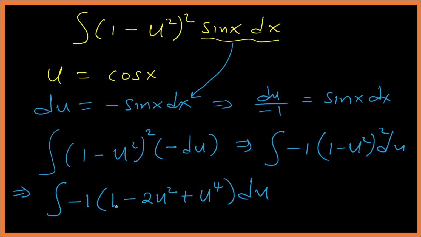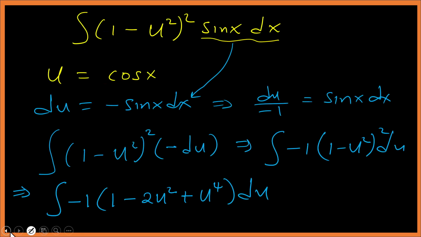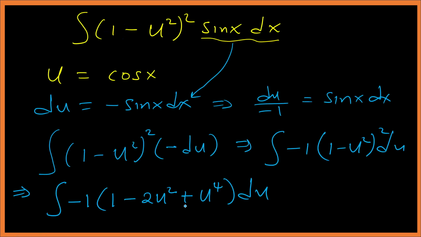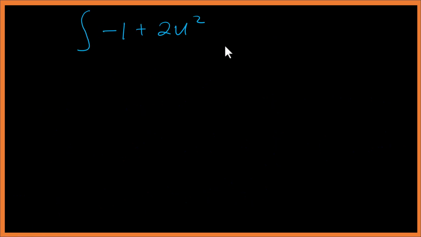So let's multiply by the negative. That will be the integral of negative 1 plus 2u squared, and the negative will affect this, that will be negative u to the power 4 du. Now we can proceed with the integration from here.